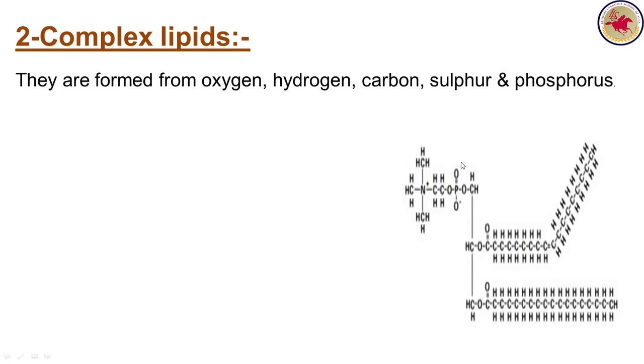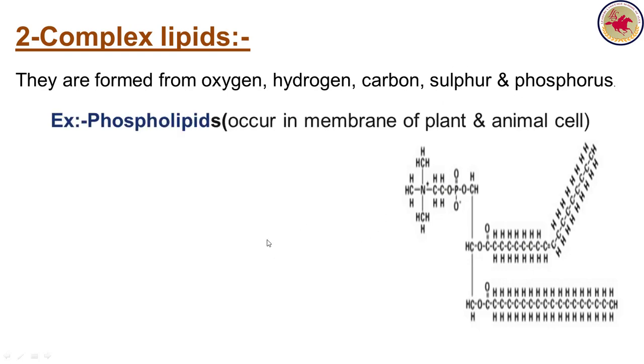First group is PO4 phosphate, second group is choline group. So by determination, the elements that share in phospholipid or complex lipid are hydrogen, oxygen, carbon, sulfur, nitrogen and phosphorus.